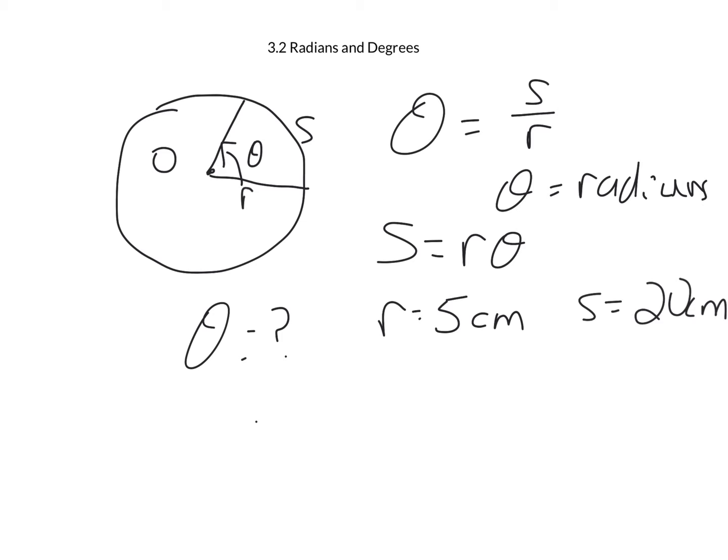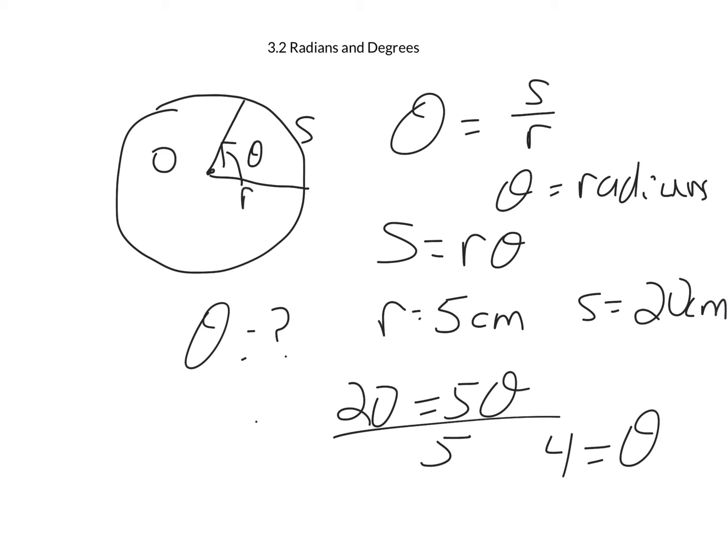Find theta. Well, simply put, no matter which formula you use, we'll use the second one. S equals 5 theta. Get theta by itself, divide by 5. You're going to get 4 equals theta, 4 radians, that is. Every time you're trying to find theta with this, it's always going to be in radians.